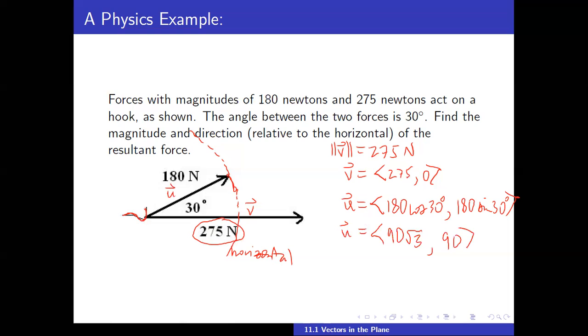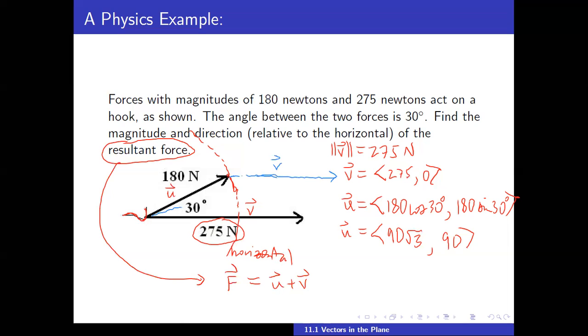Yeah? So they asked me for the resultant force. That means the sum total force exerted by these two things. The resultant force, F, that means I'm going to take these two vectors and do what with them? Add them, okay? So it's going to be U plus V. And by the way, I could think about that as translating V up here, because this is V right here.